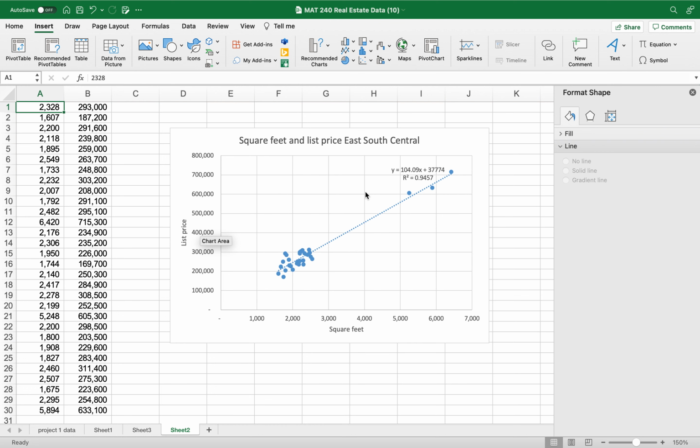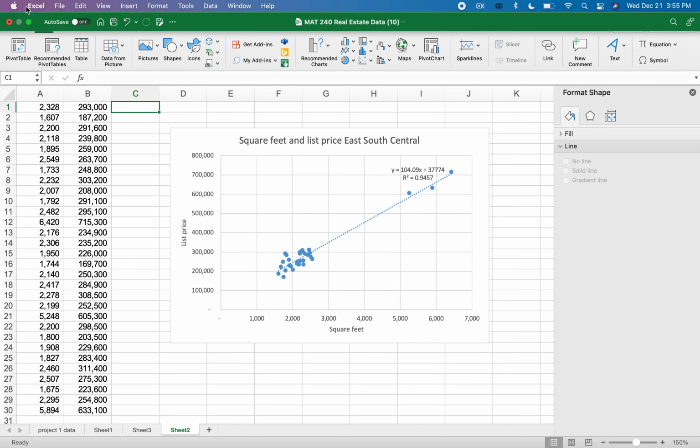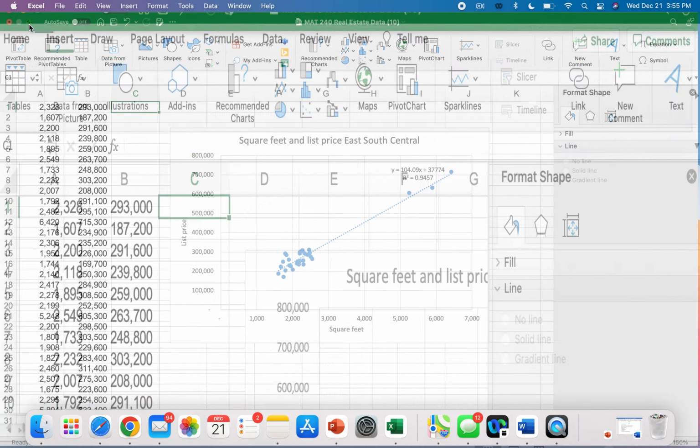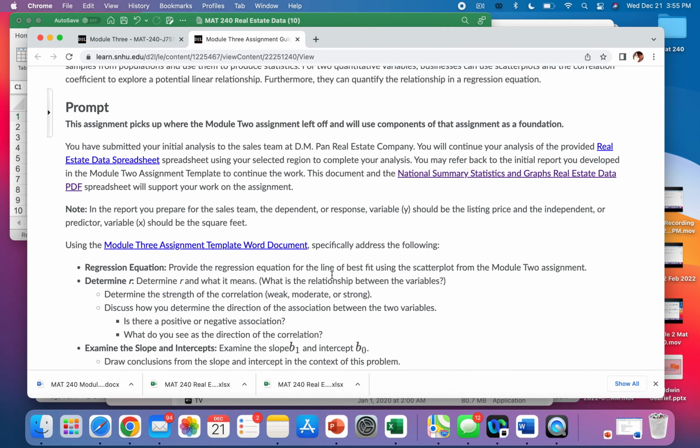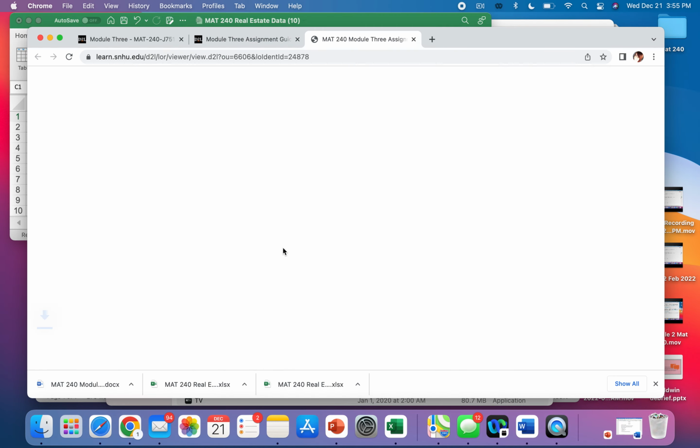So I'm just going to write down my equation here and my R squared value. And then let's look at the template. Here's our Word document.